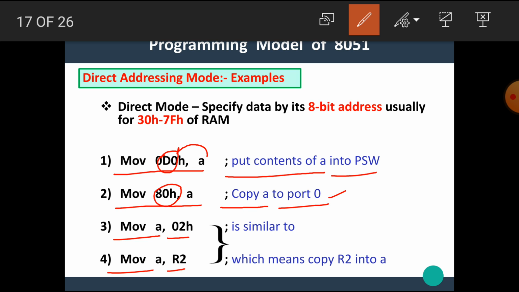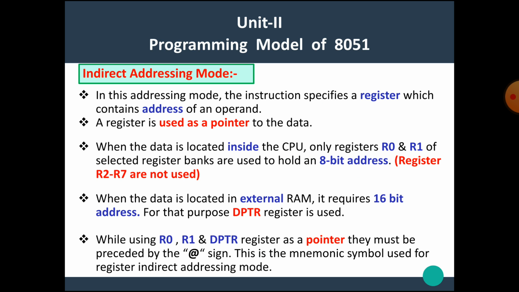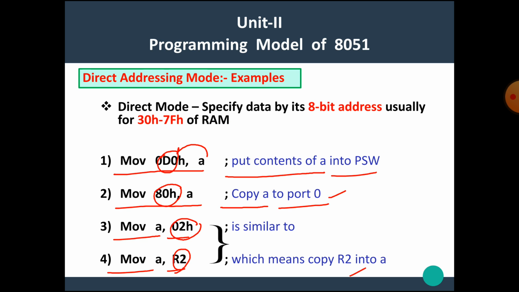These two instructions give the same result, because the meaning of these two instructions is to copy the content of the register R2 or the memory location 02H into the accumulator. I hope now you can all understand the direct addressing mode.